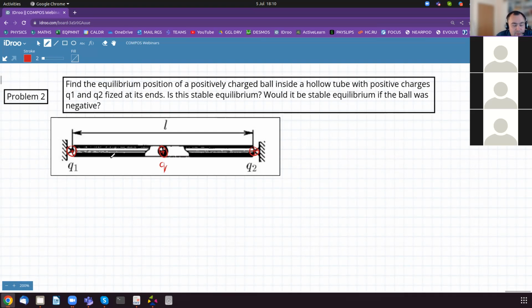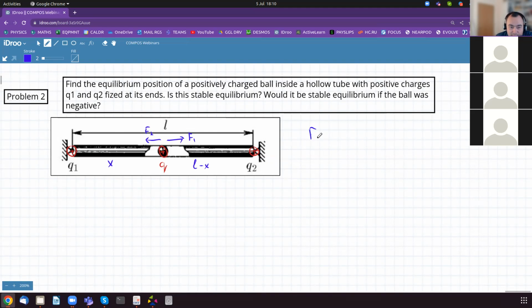Right. So we can say that the ball Q experiences two forces. One to the right, let's call this force F1, and one to the left, let's call this force F2. And of course, if it's in equilibrium, these forces have to be equal. So let's take this distance to be x, and this distance to be L minus x, obviously, because the length is L. Let's find the two forces.